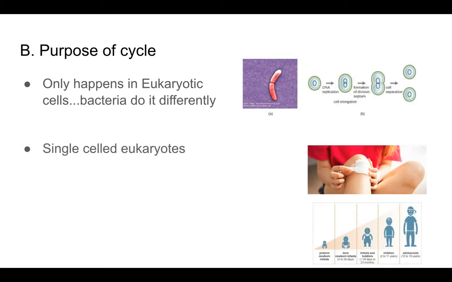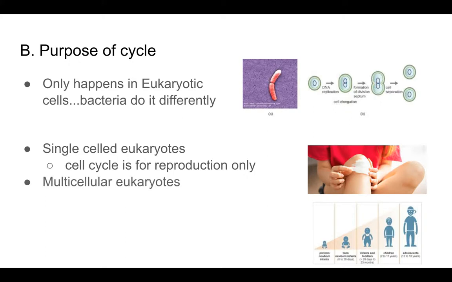So in eukaryotes, let's talk about the cell cycle in a single-celled organism versus a multicellular organism. Single-celled eukaryotes pretty much utilize the cell cycle, growth and cell division, to reproduce. They're going to make copies of themselves, and this is how they grow as a population. They're using the cell cycle for reproduction.